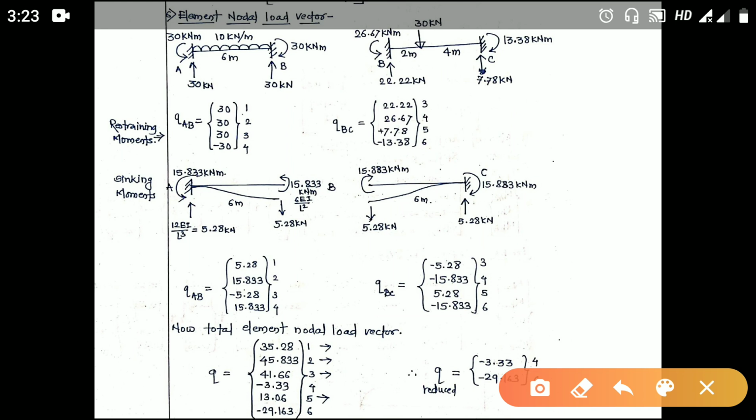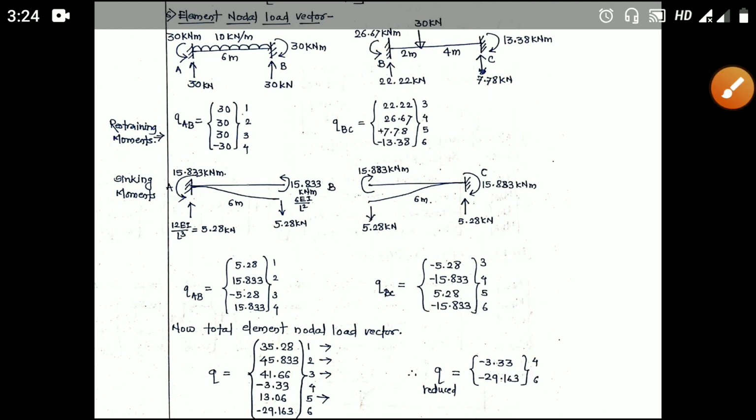Assume the supports as restraint supports, that is fixed supports. Calculate these fixed moments, that is here and here: W a b square upon L square, and W a square b upon L square. After that, calculate these reactions by the equilibrium equations.